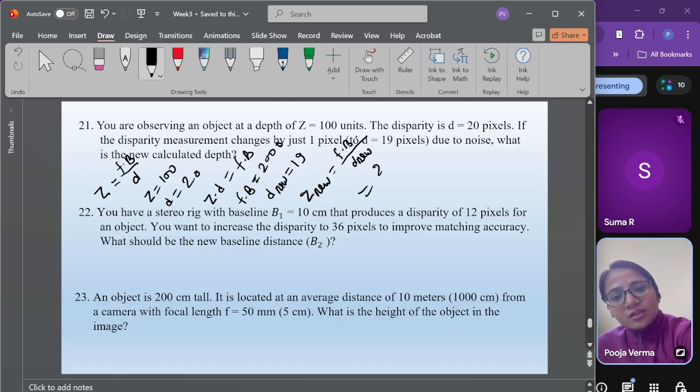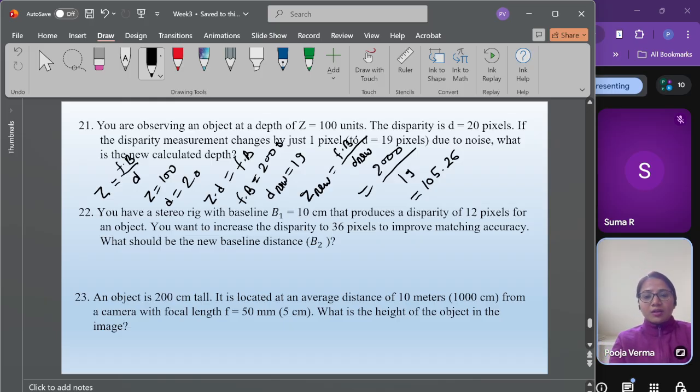FB here is 2000, D new is 19. If you divide it, you will get 105.26. Yeah, that is the correct answer for this question. Okay.